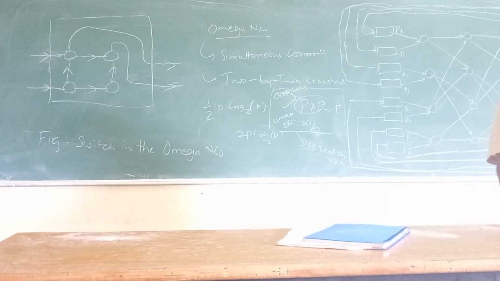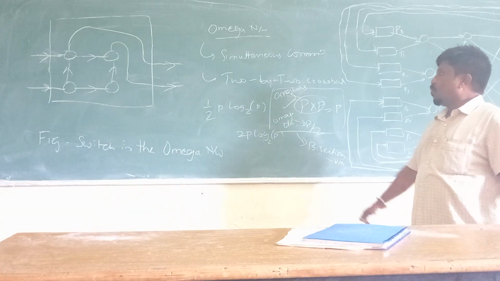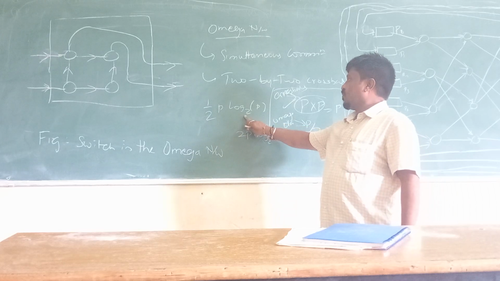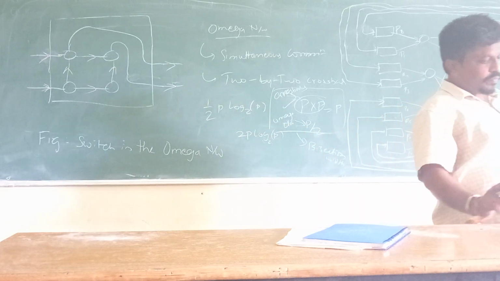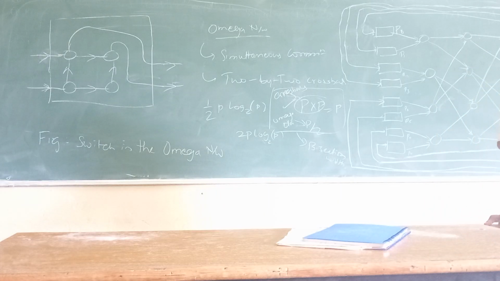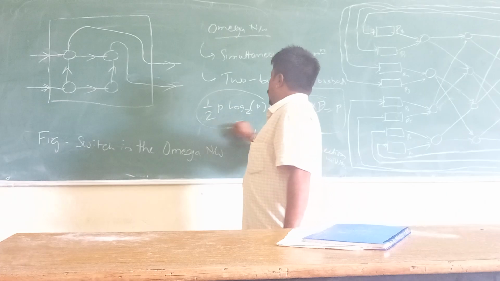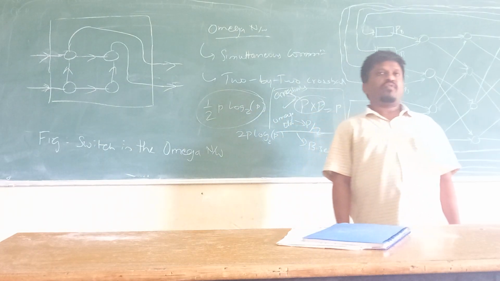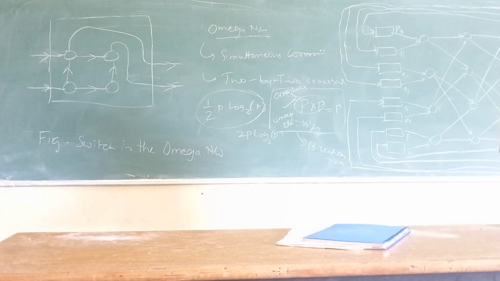Next point, the omega network uses 1 by 2 p logarithm of 2 p of 2 by 2 crossbar switches.